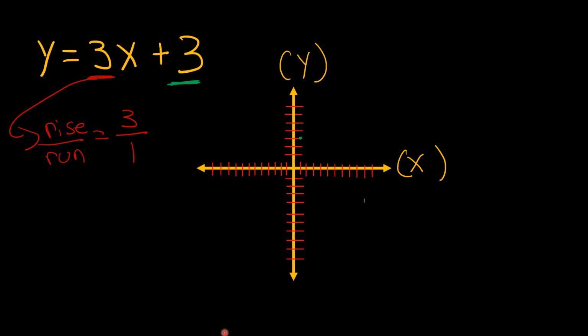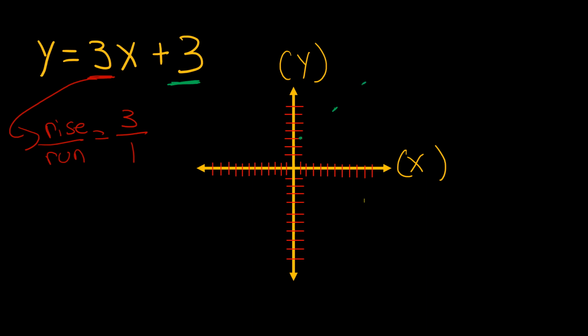And now we have to do it again if we want to graph this line. So I'm going to go up 1, 2, 3. You can imagine that the graph was larger. I'm going to go over 1 again. Not really sure what happened to the first one. It's somewhere like that. The second one will be somewhere over here.